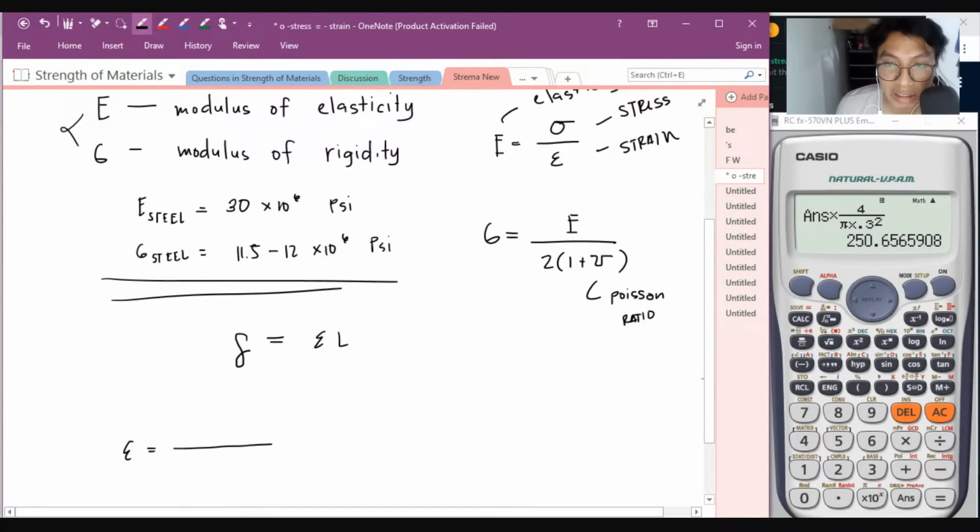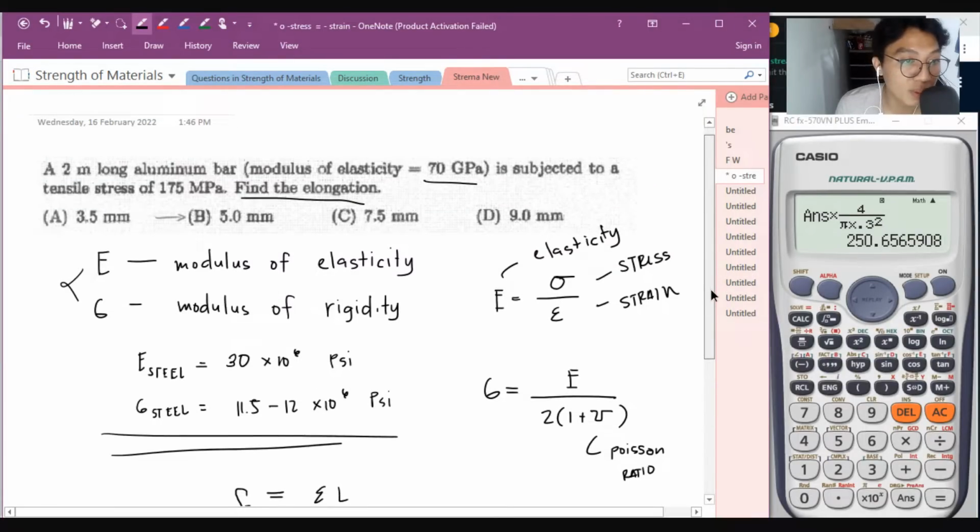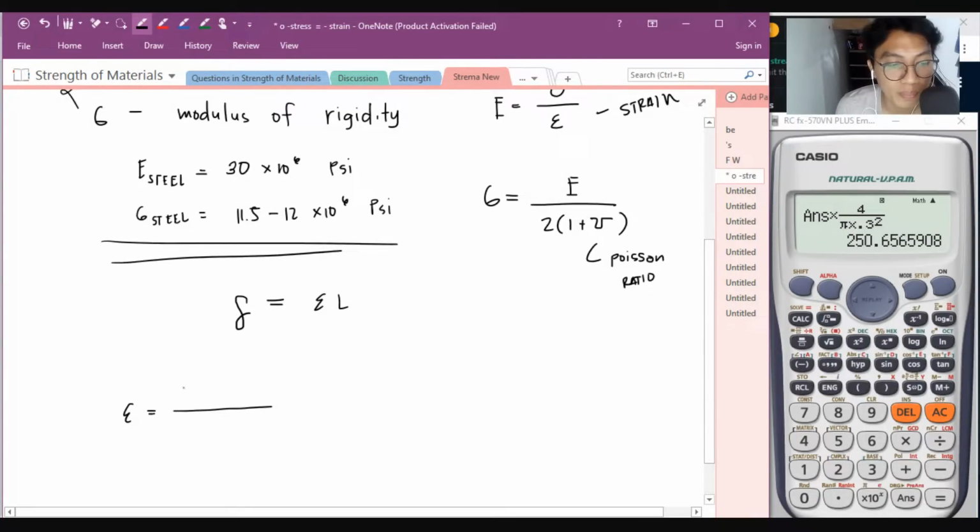So, ang binigay dito is 175 MPa, 175 Newton per millimeter squared. 1 MPa is equal to 1 Newton per millimeter squared. Tandaan niyo yan, ha?